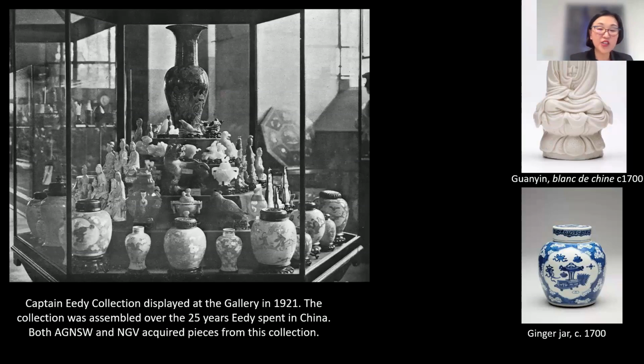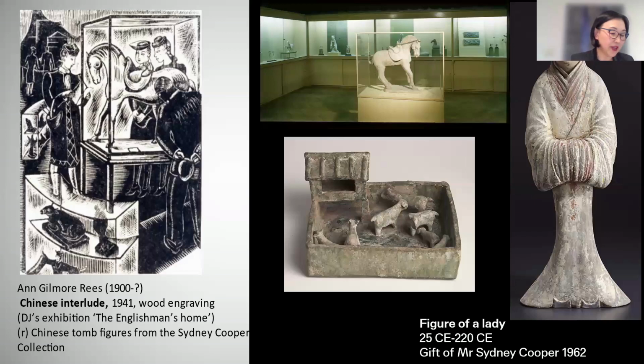We started to collect Chinese art mainly in the early times by receiving gifts, including this one from Captain G.W. Eddie, I think it's called. It's a group of jade and ceramic work. And we have also famously Sidney Cooper's donation of funeral objects.